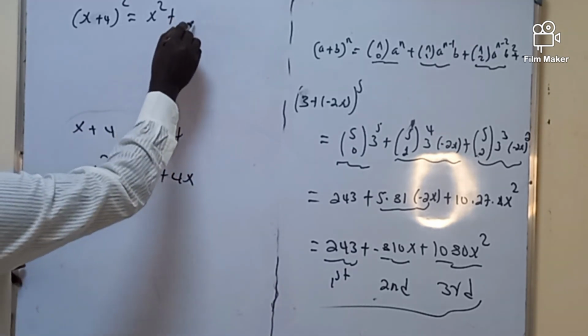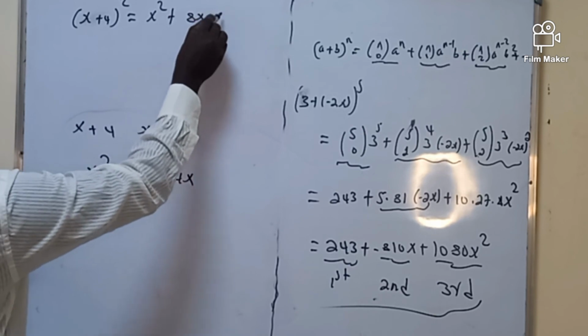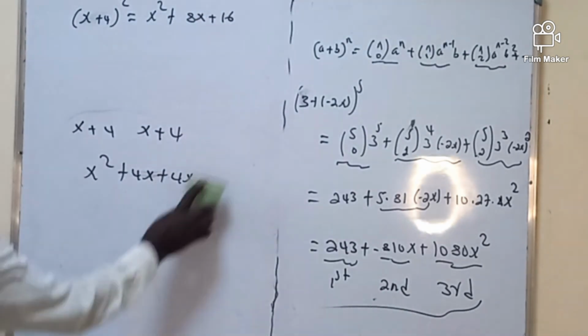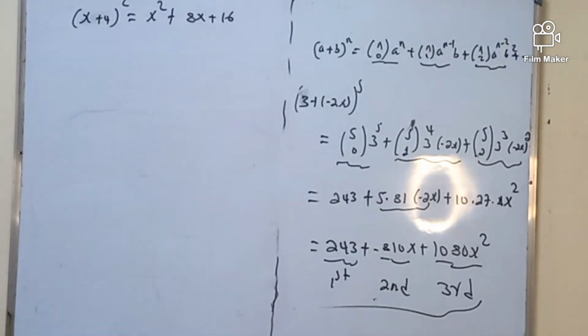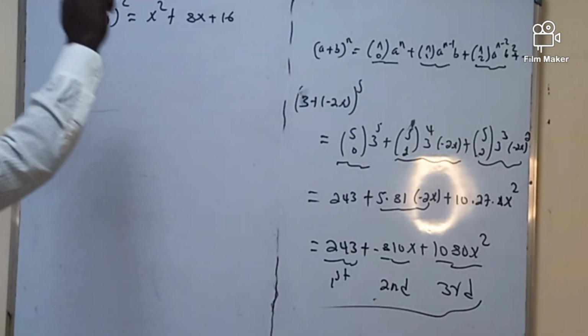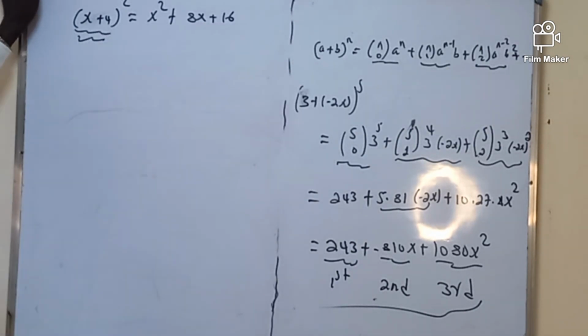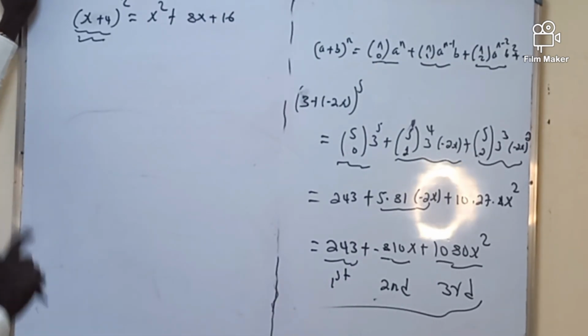So this is exactly x squared plus 8x plus 16. So this is the way how to expand. You know that the expansion of this is this one. When we are expanding this problem, this is going to be like this one.